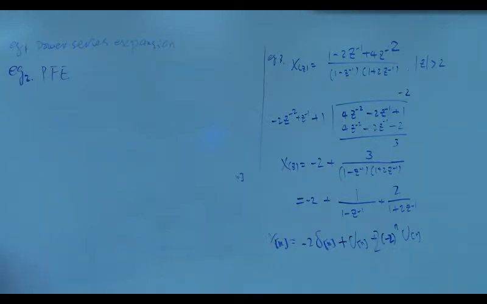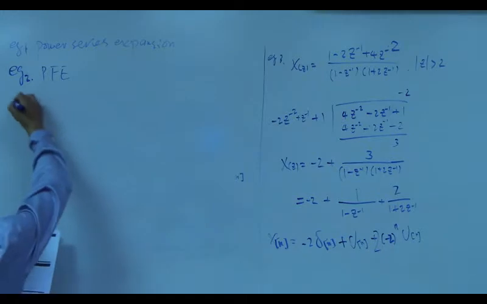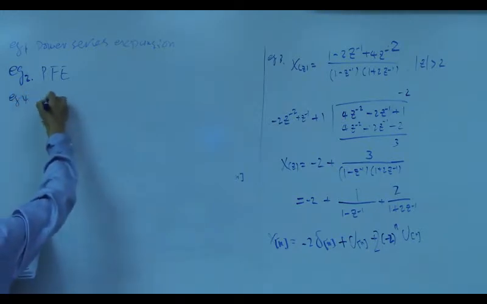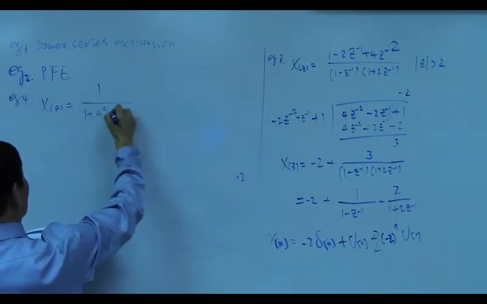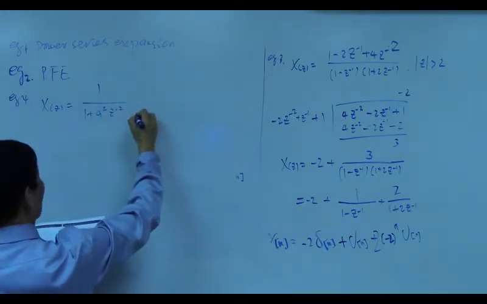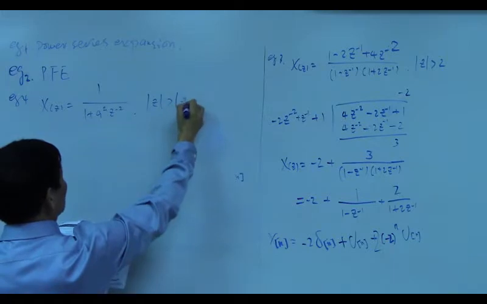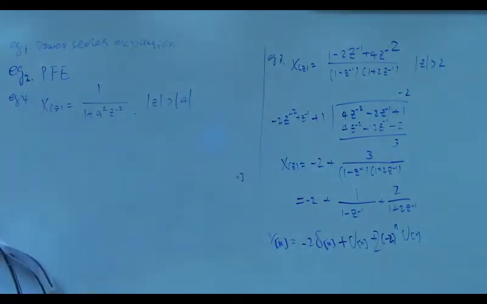So next one is example 4. X(z) equals 1 over 1 plus a squared z to the negative 2. And the region of convergence is again outside the circle.